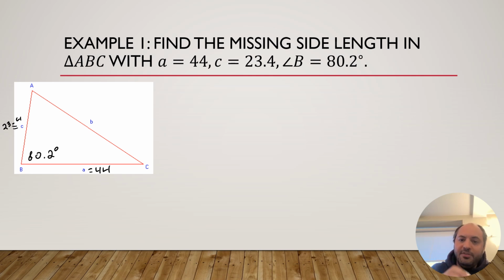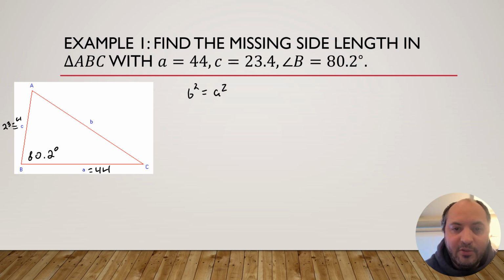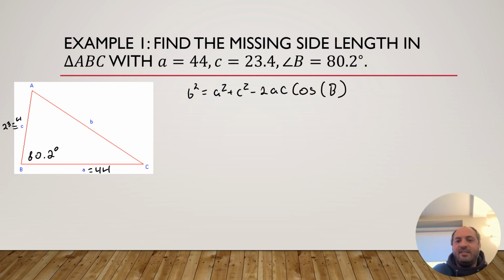Now, since I know angle B, I need to use the version of the law of cosines that has angle B in it. That version is B squared is equal to A squared plus C squared minus 2AC cosine of angle B. Notice it's like the Pythagorean theorem, like I said: B squared is equal to A squared plus C squared, but I have to add that adjustment to get it to be correct.